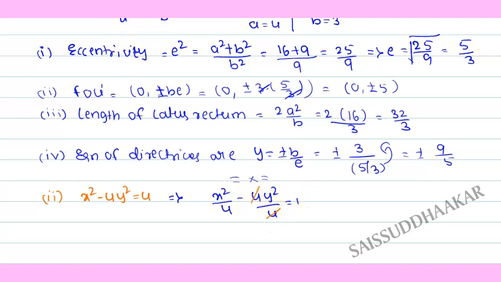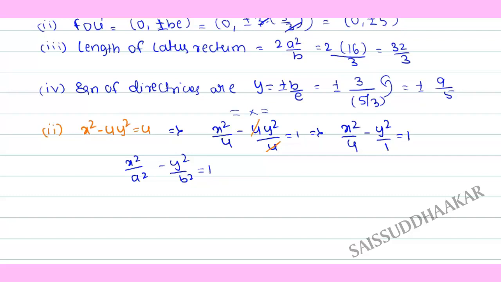This implies x square by 4 minus y square by 1 is equal to 1. This is the equation of the hyperbola in the standard form, x square by a square minus y square by b square is equal to 1.